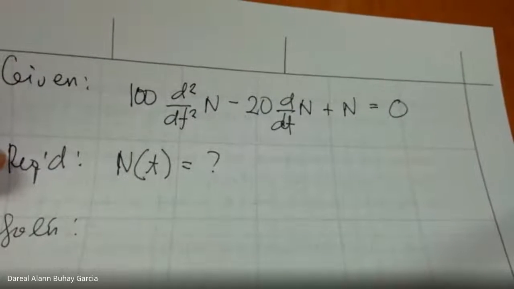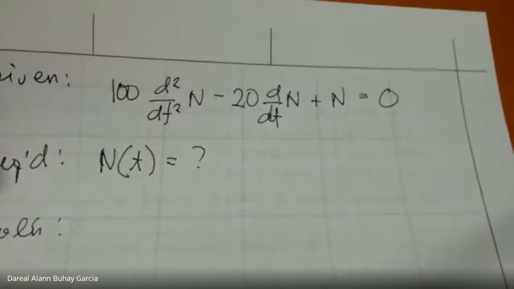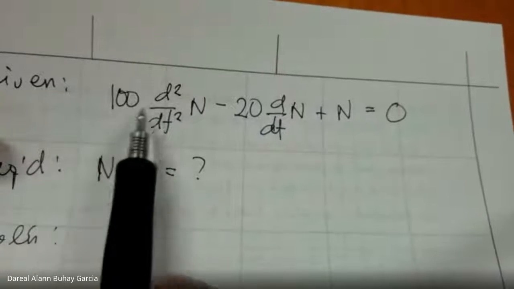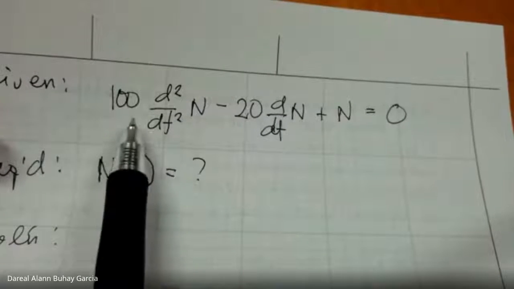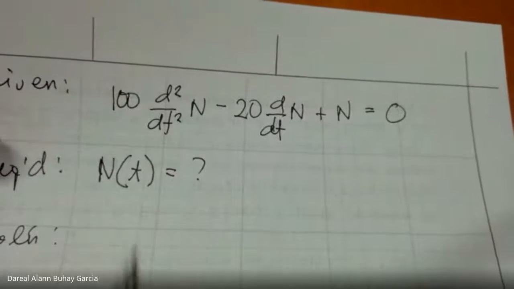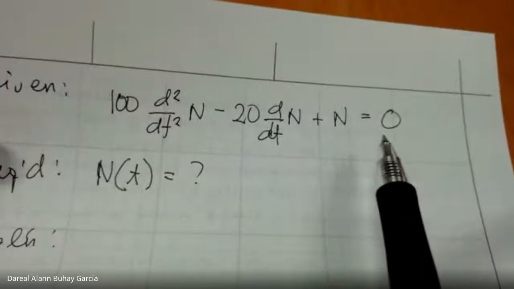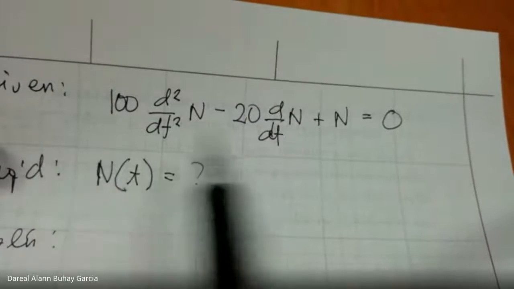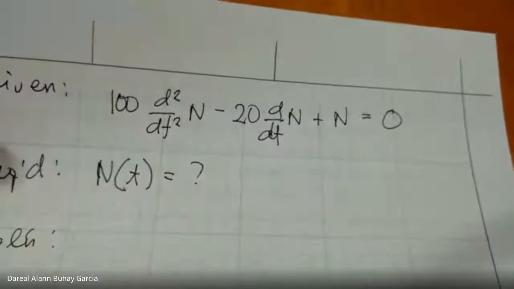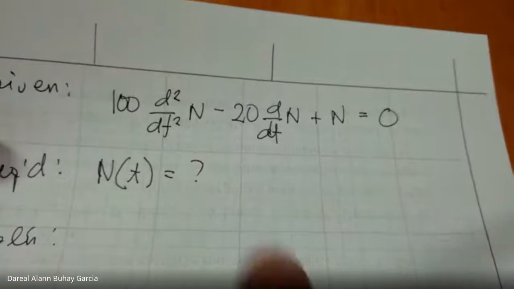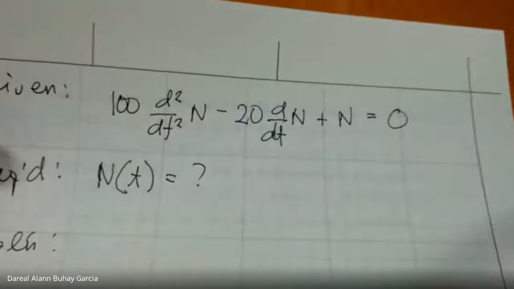What I want you to observe is the coefficient of the highest derivative. It should be 1. Divide by 100. Yes, this can be solved, and it is okay because it is homogeneous. But when we reach non-homogeneous equations, it should already be in standard form.